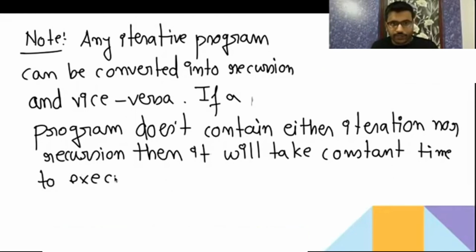So whenever there is no for loop, nothing is there, it is going to take constant time. That is big O of 1. Sometimes they use C, you can even use C to represent constant.